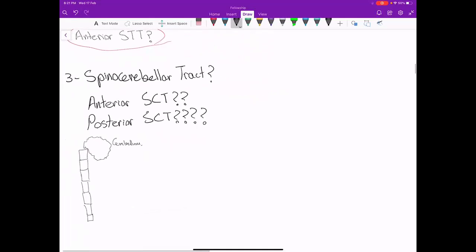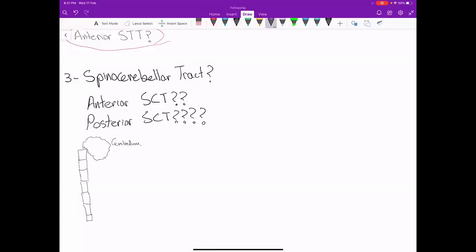Why am I mentioning this? In a nutshell, the posterior spinocerebellar tract can be completely ignored. It comes out of the vertebral body ipsilaterally and goes straight to the cerebellum. No issues there.